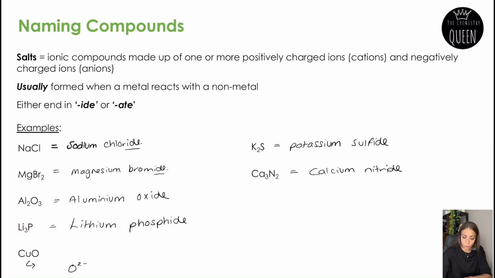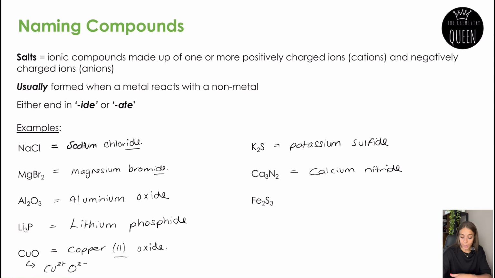Now, if this is a 1-to-1 ratio, so we've got one copper with one oxygen, that means the copper must also have a charge of 2 plus, so that the charges cancel. So we end up with a neutral compound, and it's in a 1-to-1 ratio. So this would be called copper(II) oxide. So we write the 2 in Roman numerals to indicate the charge of the copper, because copper can also form copper 1 plus ions, which is quite a common ion as well.